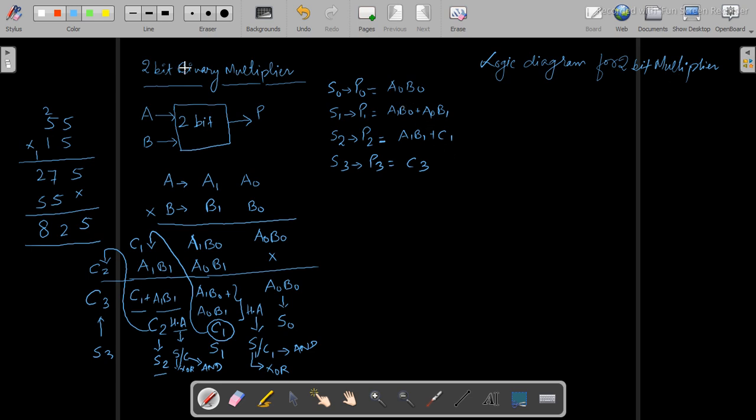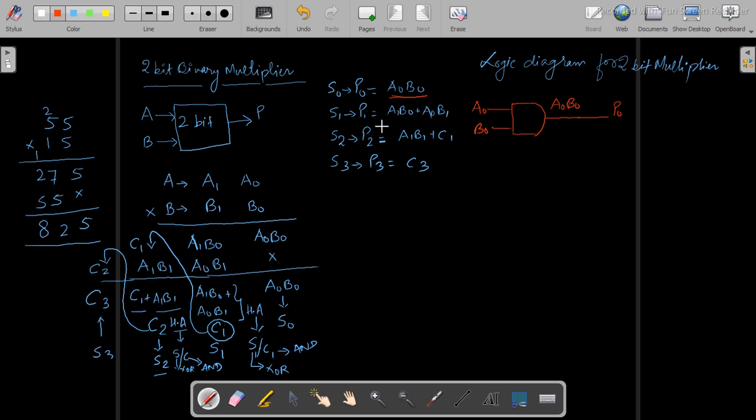Considering this equation for p0, we need to have two inputs, and those inputs are a0 and b0. And between a0 and b0, we are using the AND gate. We will get the output a0 into b0. That will be the p0.